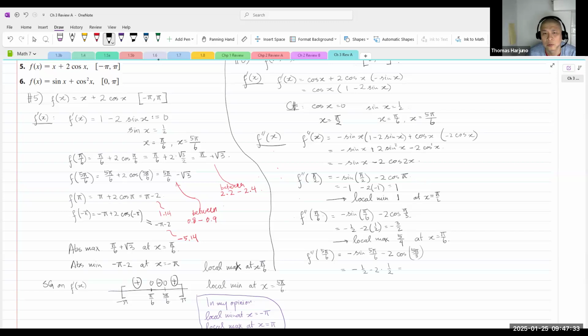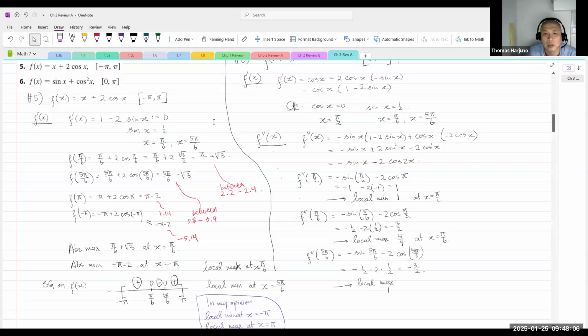So negative 3/2. So that's another local maximum, which makes me start questioning my answer.